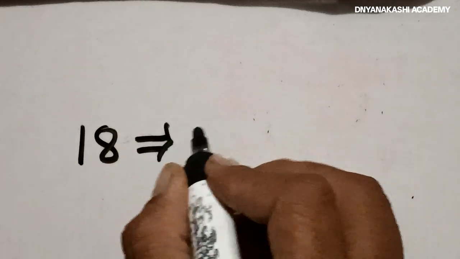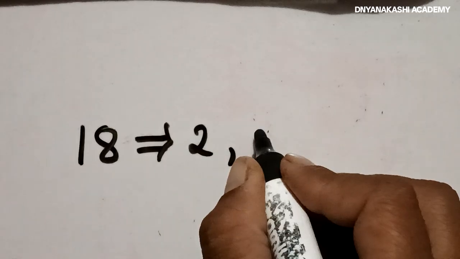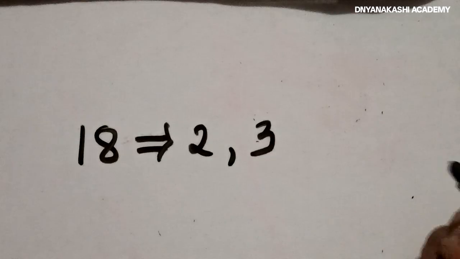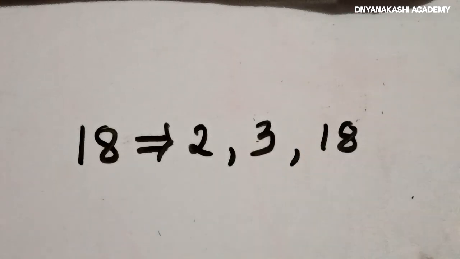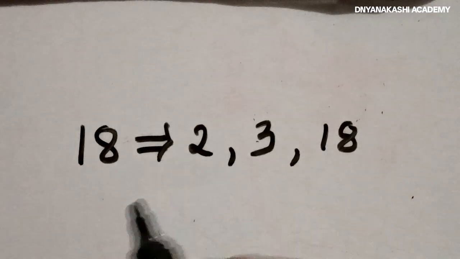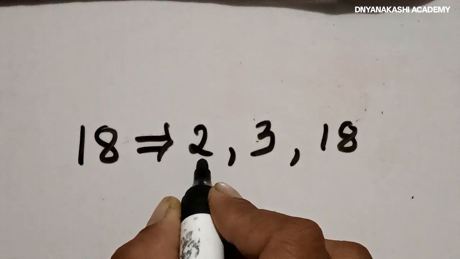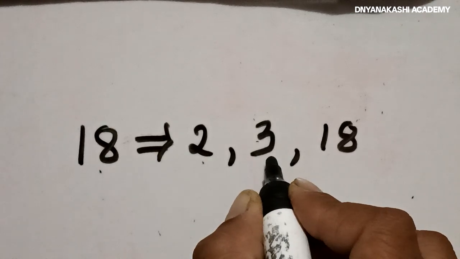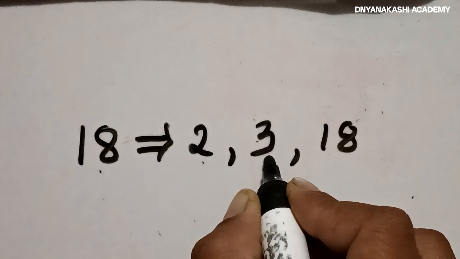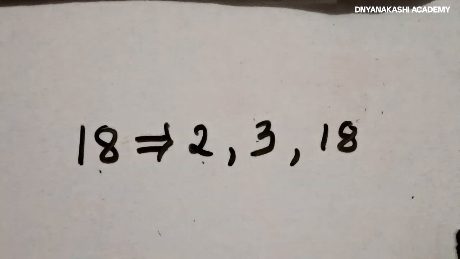18 is completely divisible by 2, and 18 is completely divisible by 3, and 18 is completely divisible by 18. 18 is completely divisible by 2 because 2 nines are 18, and 18 is completely divisible by 3 because 3 6s are 18 here, and 18 ones are 18.